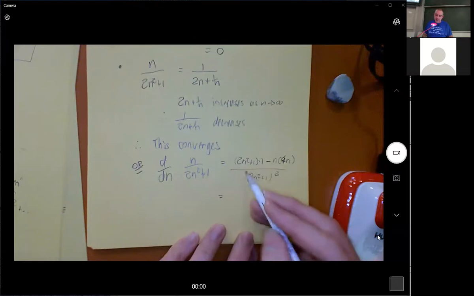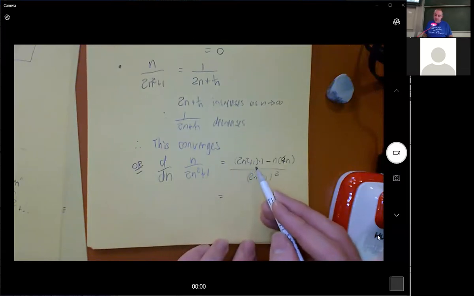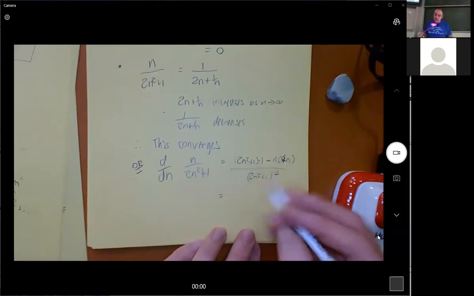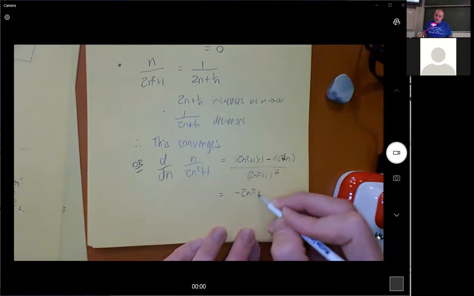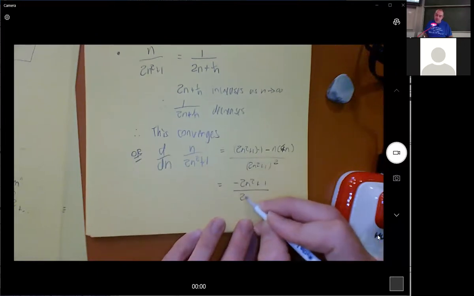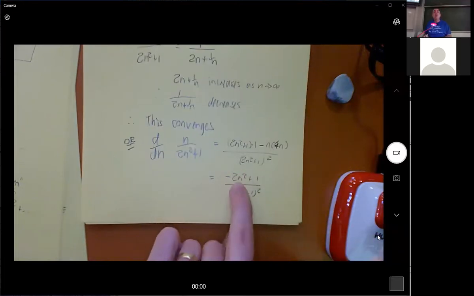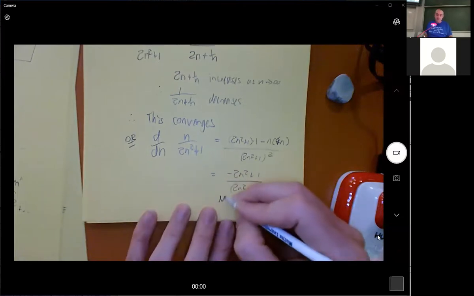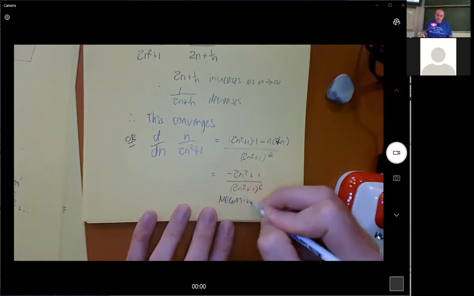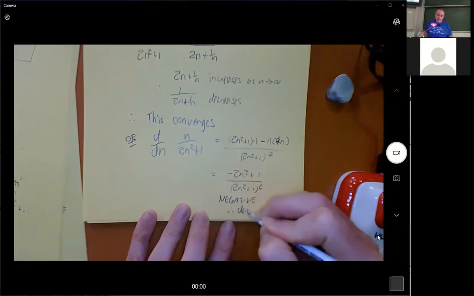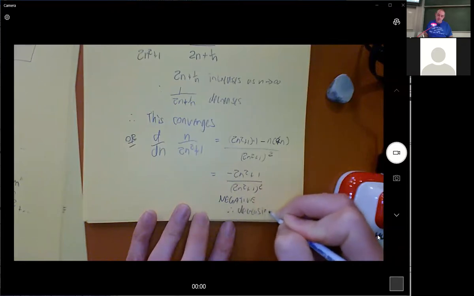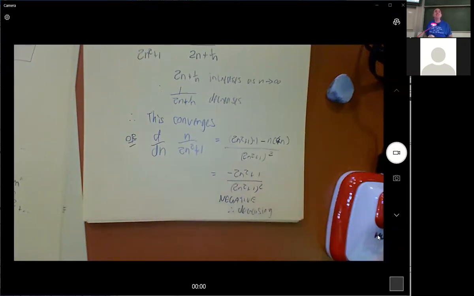Okay, and then the top is 2n squared plus 1 minus 4n squared, so we get minus 2n squared plus 1, which is negative if n is big enough. Therefore decreasing. That'll do. Yay.